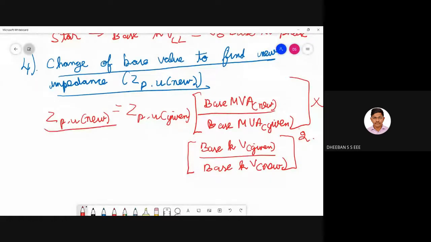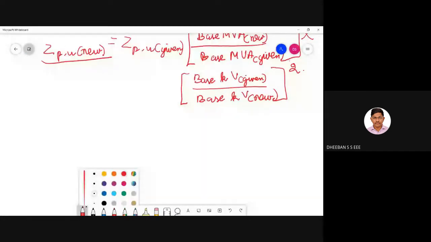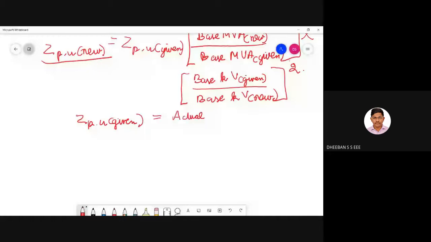So for this, first you have to consider your normal equation, Z per unit given for a given quantity. The per unit will be usually represented as actual impedance divided by the base impedance.